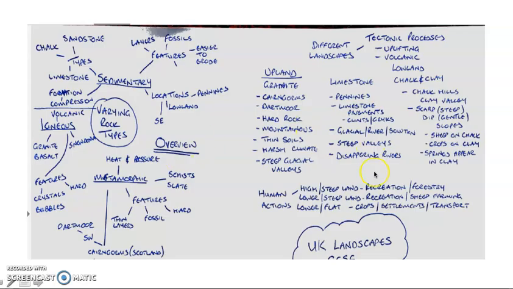Now also what we need to understand are the features and locations of three specific types of rock landscape. So we look at upland landscapes. Now these are very hard wearing and they tend to be made of granite, so as we've discussed, Cairngorms and Dartmoor. And because the rock is so hard, it's been very difficult to erode it to lower levels.